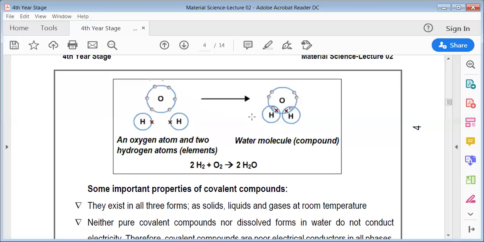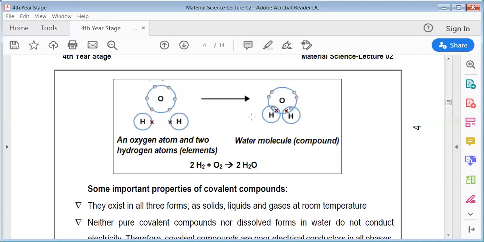One belongs to the oxygen and one belongs to the hydrogen. Now if you look at the outer shell, for the oxygen it is 8, which is the octet number, so it's full. And the hydrogen is 2, because the hydrogen electron level is only one level, which is the first level, 1s, and it occupies a maximum of 2 electrons.